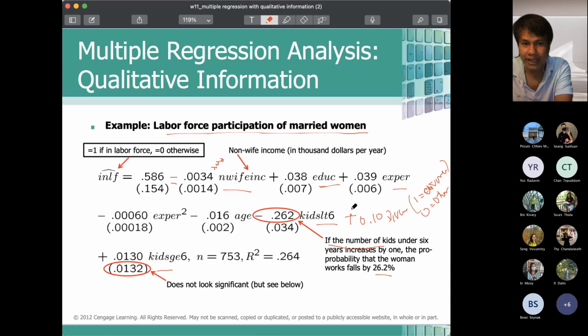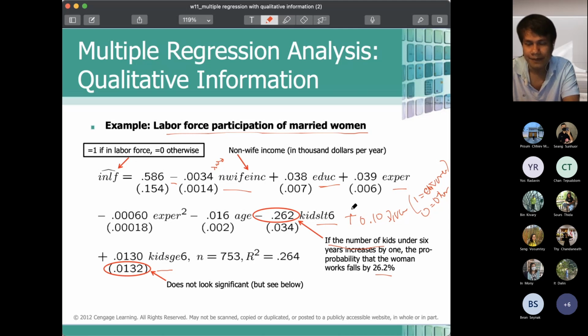In other words, there is about a 10% higher likelihood that divorced women join the labor force than non-divorced women. The difference is 10% higher than non-divorced women.